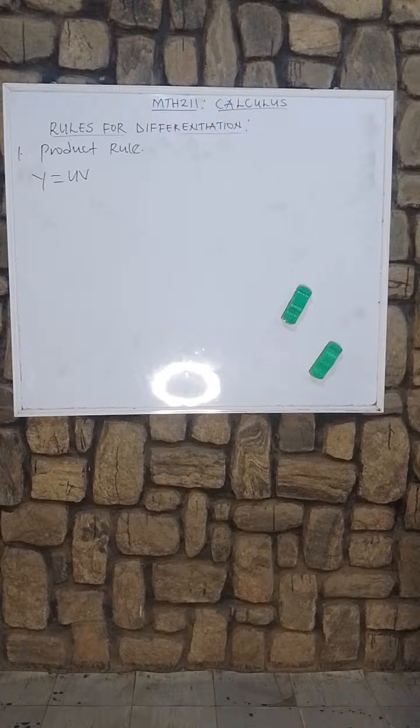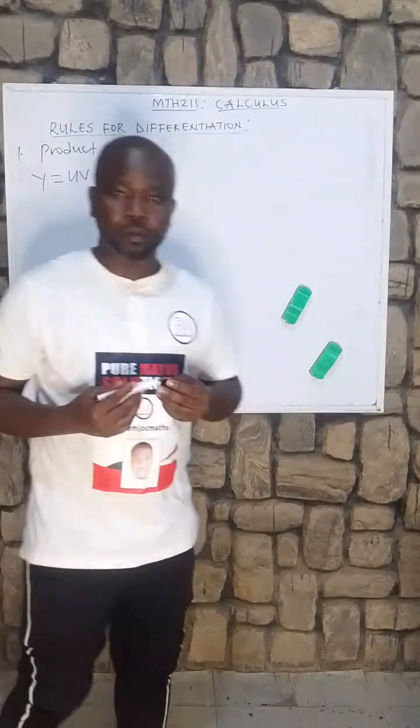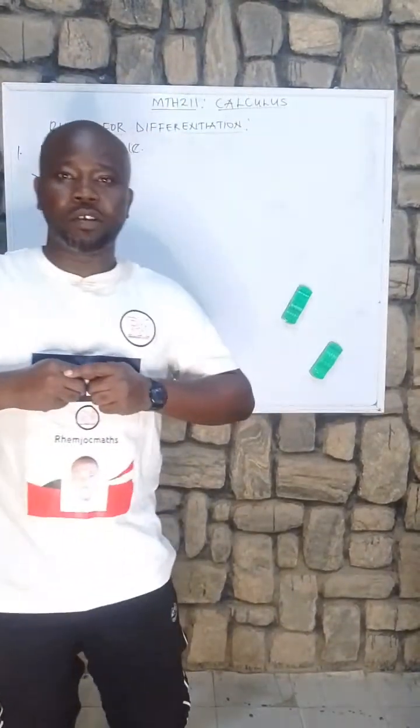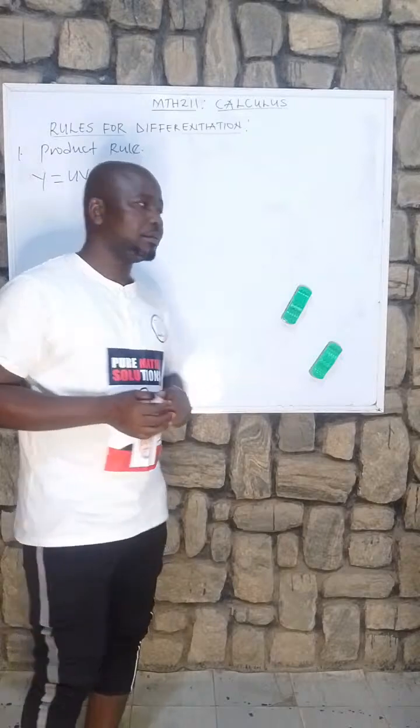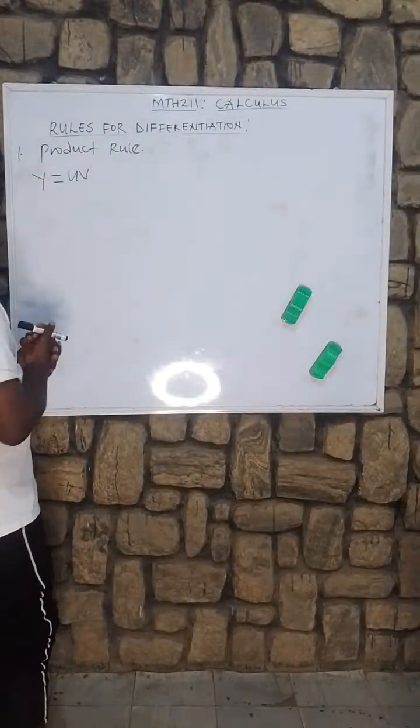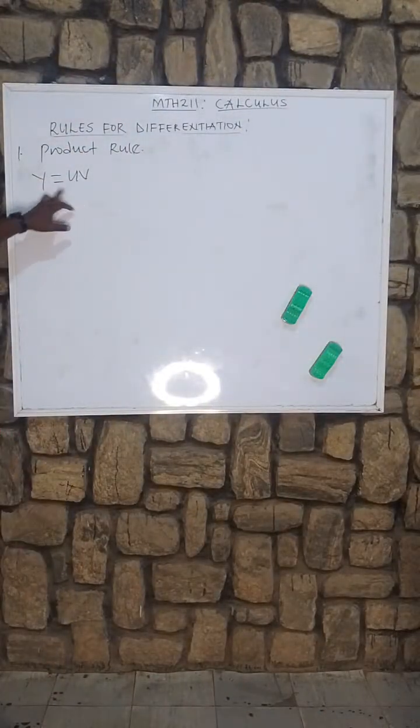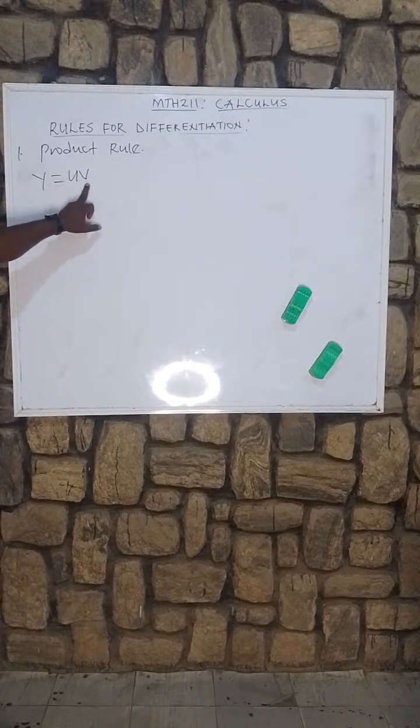Is that clear? uv. When we say product, you know the meaning of product in mathematics. True or false? Product means what? Multiplication, times. True or false? That is, look at this. This is a function. You see that this is one function, this is another function.